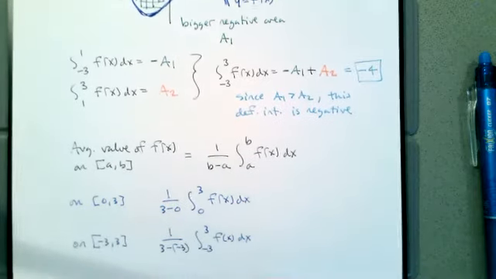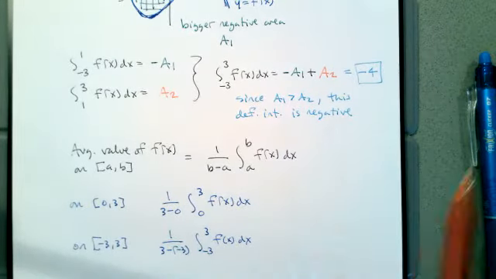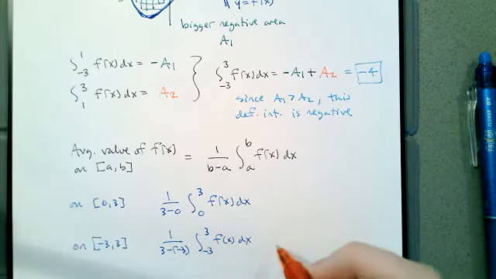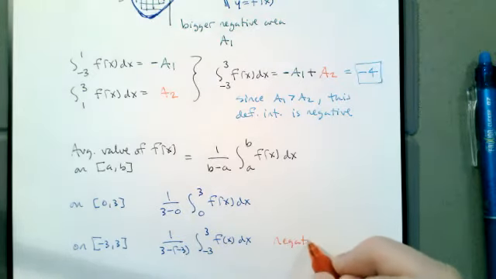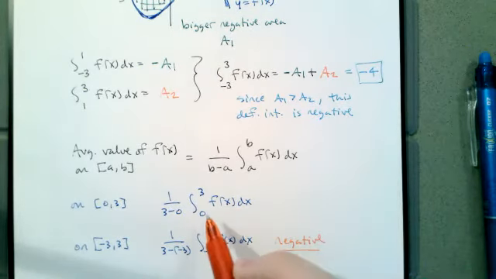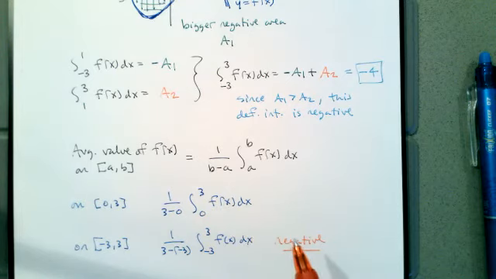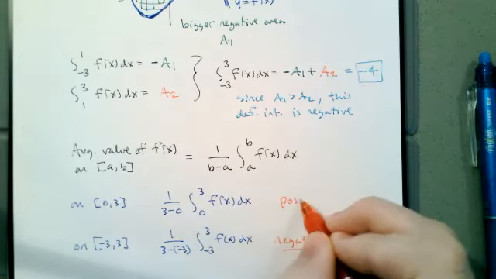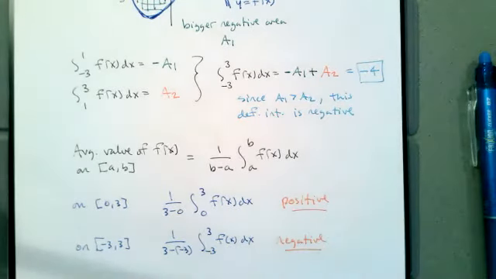But if we look at the integral from -3 to 3, that is definitely negative. So this number is negative. But the integral from 0 to 3 is possibly positive. So the bigger one is the positive one. We don't actually need these values since the second one is definitely negative and the first one is positive. The positive one, whatever number it is, is bigger than the negative one.